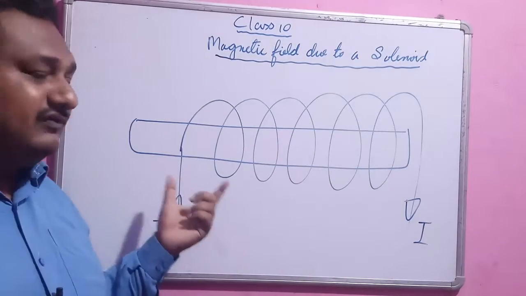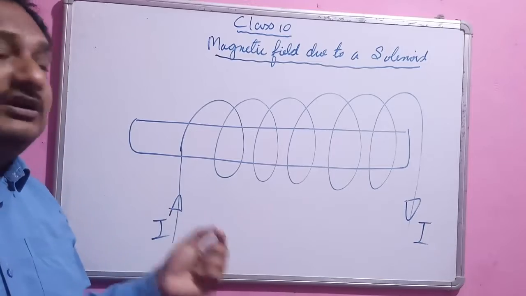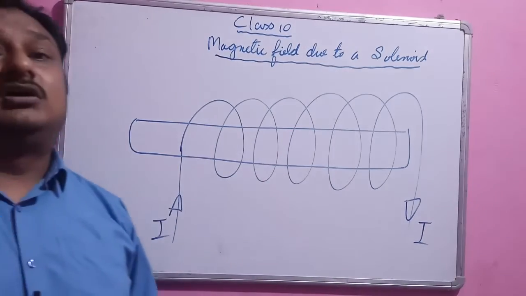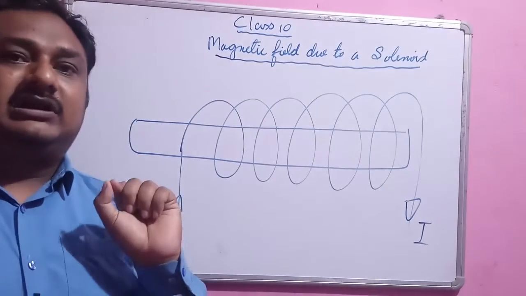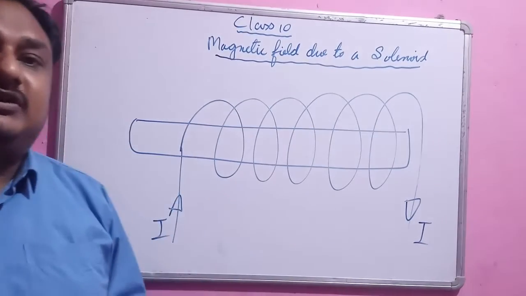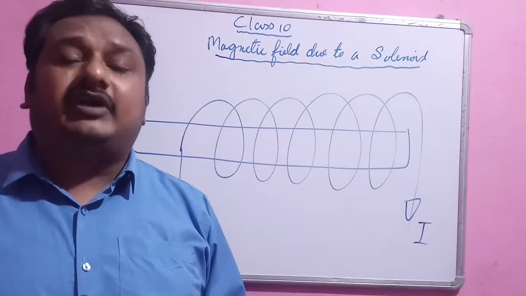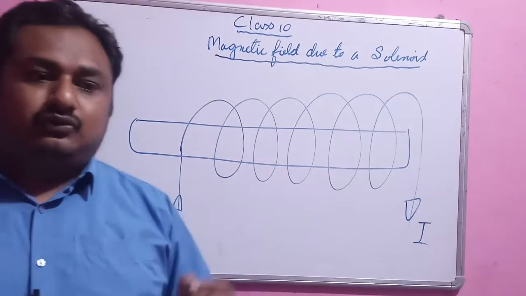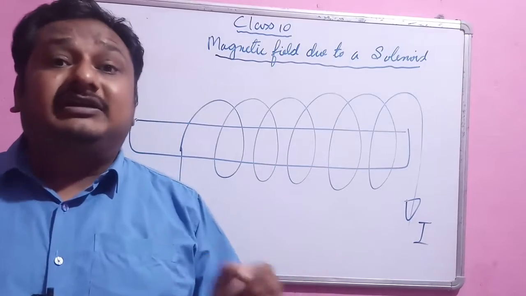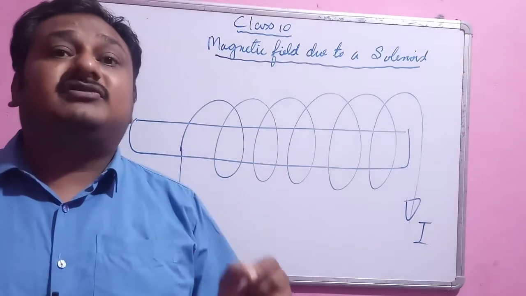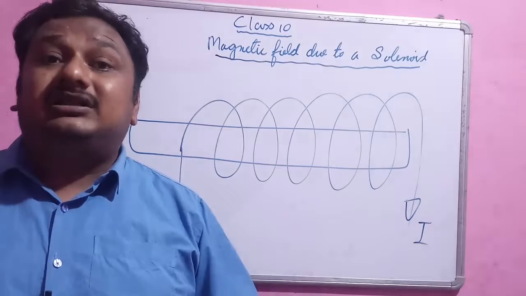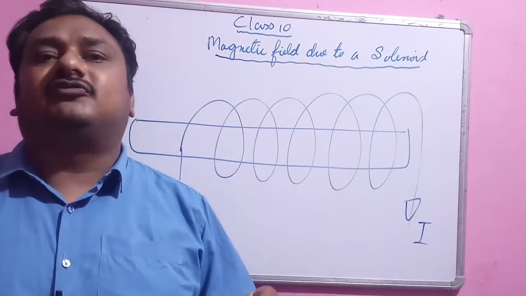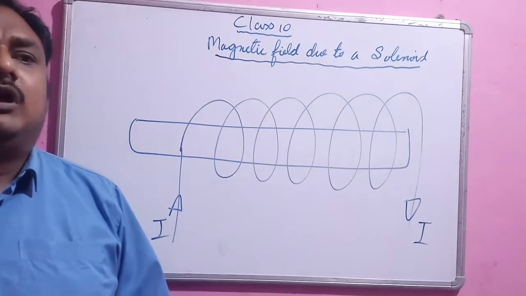Whenever a substance gets magnetized by the magnetic field of a solenoid, that substance is called an electromagnet. Electromagnets are those magnets whose magnetism is developed by another source for a short time.